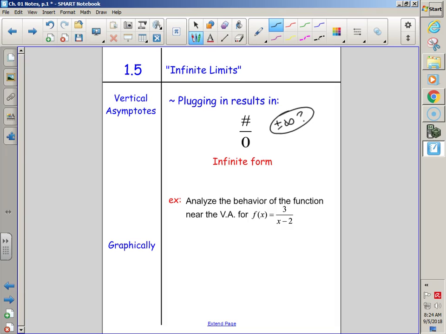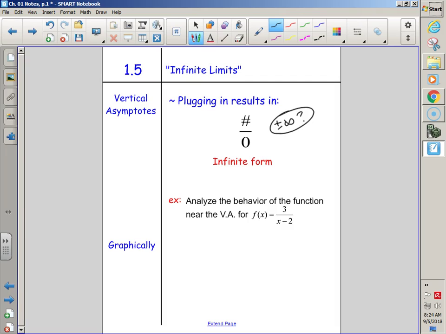I want you guys, once you get down to the example, to see if you could show me a sketch as to what you think that function looks like. Infinity and beyond.